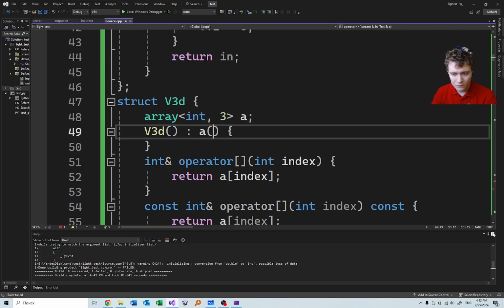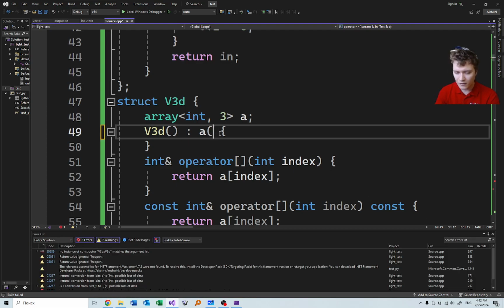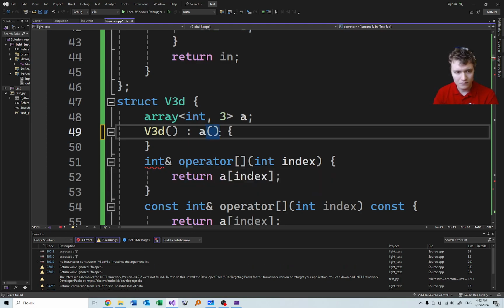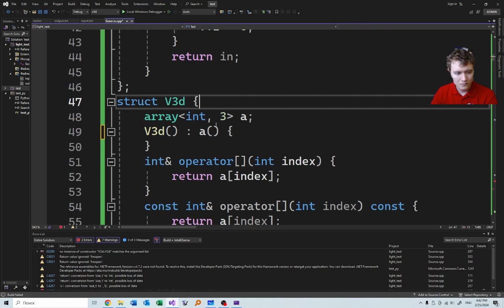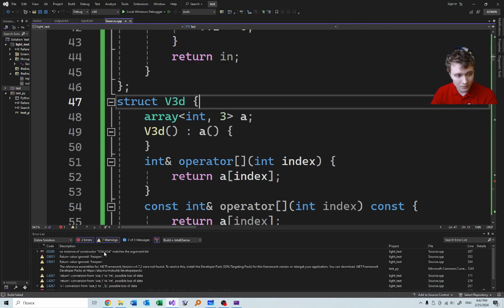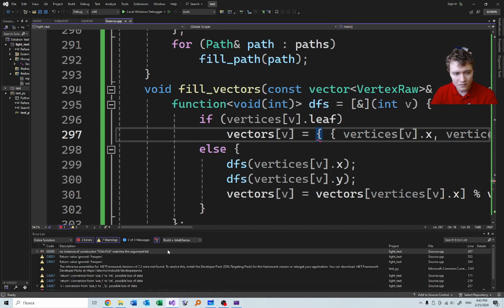Can I initialize A with a constant value? No. No instance matches.